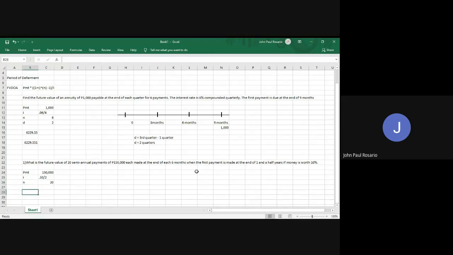So with that, we simply have to calculate the future value.